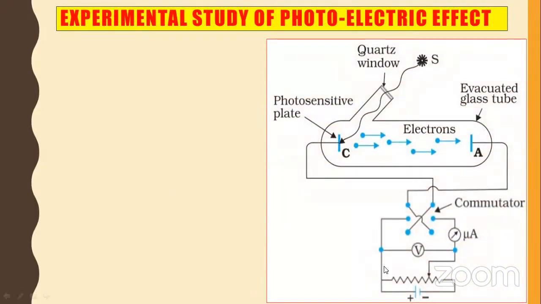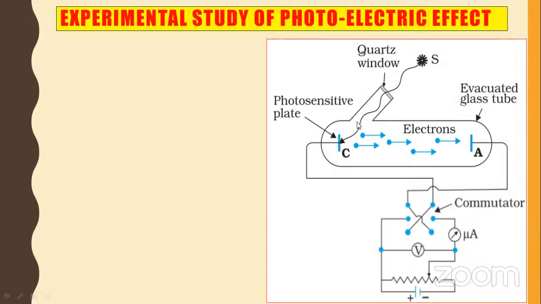Next, the experimental study of photoelectric effect. Quickly, this is the experimental study. You can see here, this is an evacuated glass tube. This is a quartz window, and S is a source, source means light.